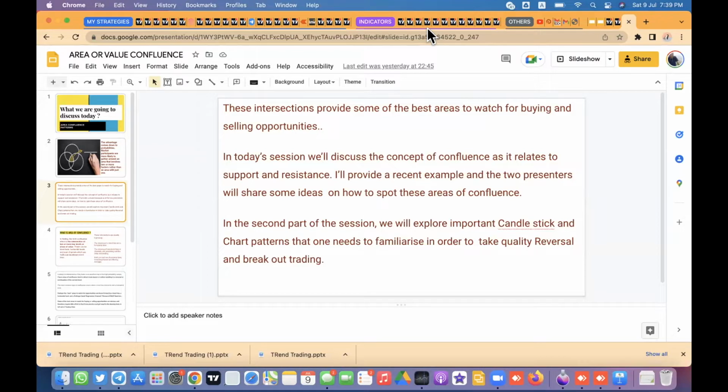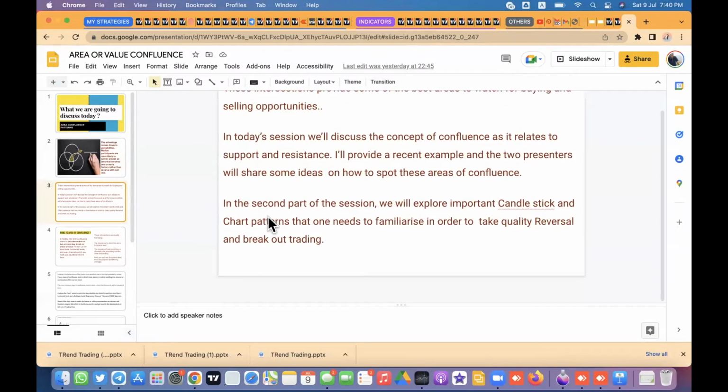Even though we normally use support and resistance levels, he will talk about what makes a particular level more important or gives it certain weightage, where your conviction in decision making, depending on that point of confluence, gives you a better probability. So the probability of winning the trade is much better when the data on which you are making decisions becomes better. So that is the first part.